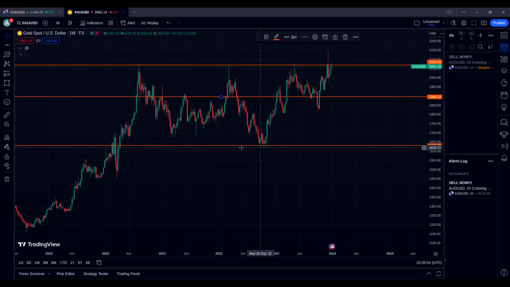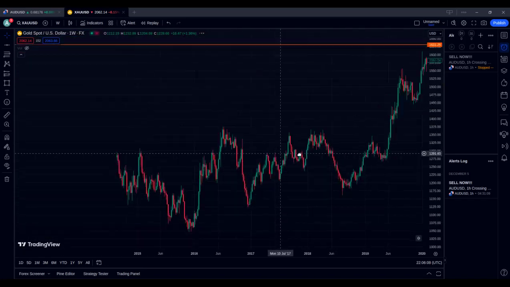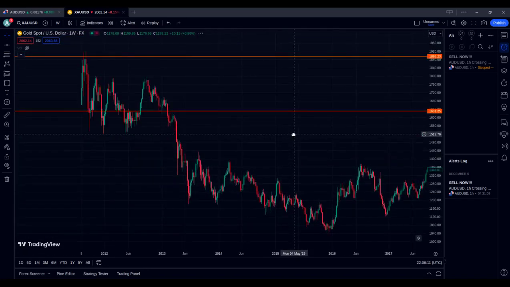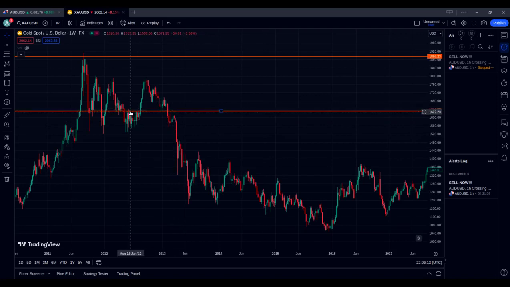For example, you may ask why I put a line here. You can see the market reacted to this place. The price got to this place and bounced back. If I come back to this side, you can see it right here.